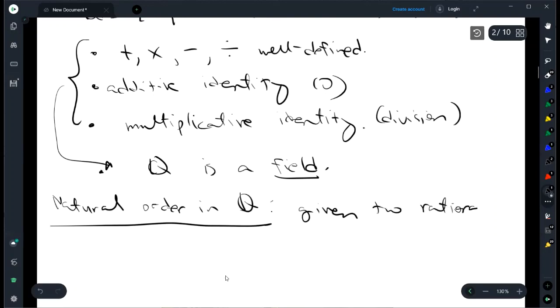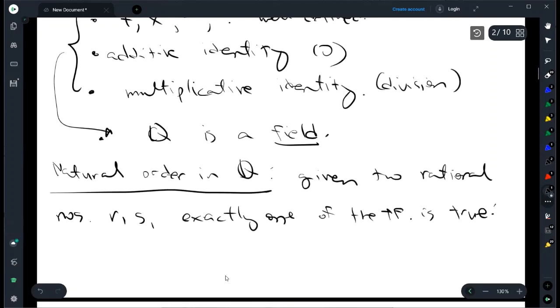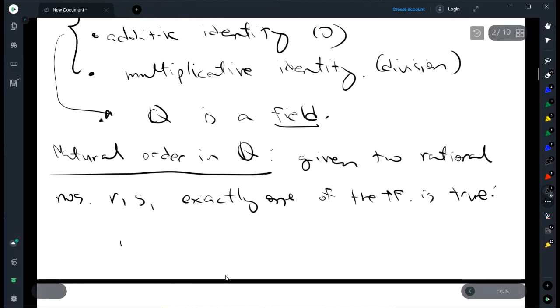Given two rational numbers, say R and S, exactly one of the following is true. That is, either R is less than S, R is equal to S, or R is greater than S.